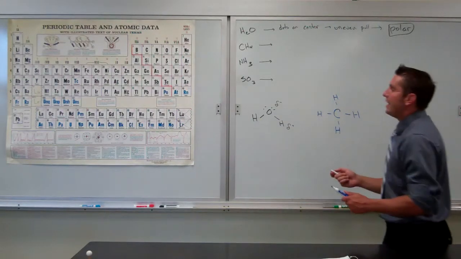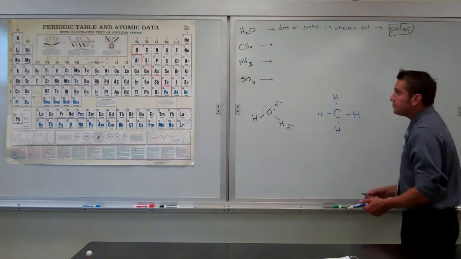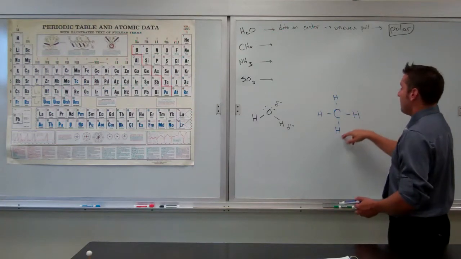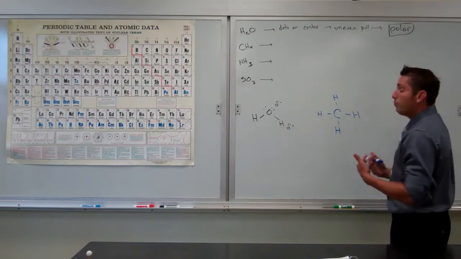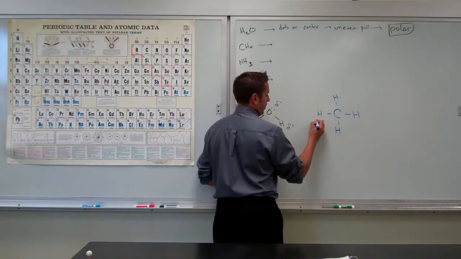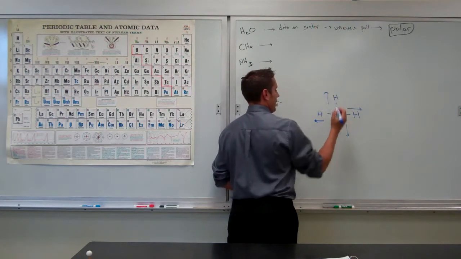So if I looked at H, which is up here, and C, which is here, what you will find is that these H's, because they're all the same, will pull the same on the carbon. So you'll have an H pulling this way, this way, this way, and this way.